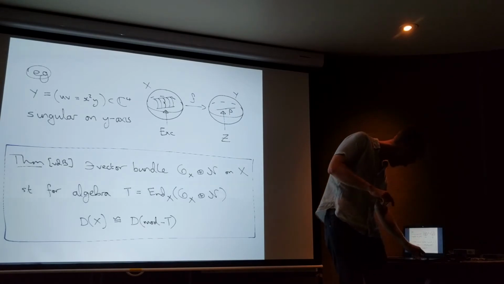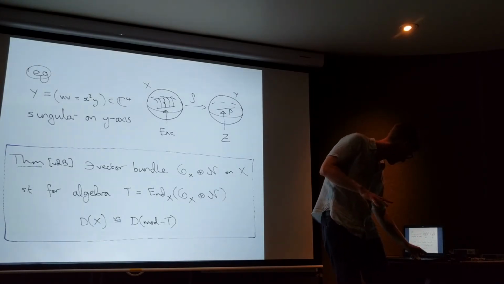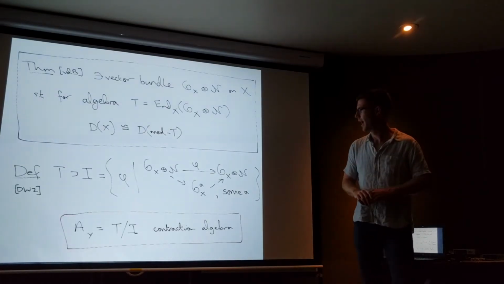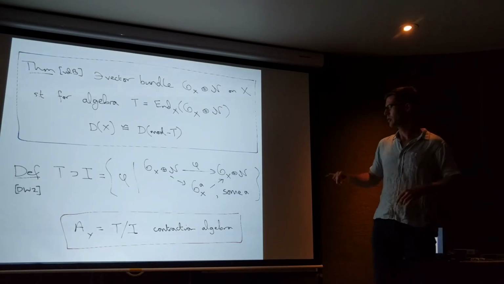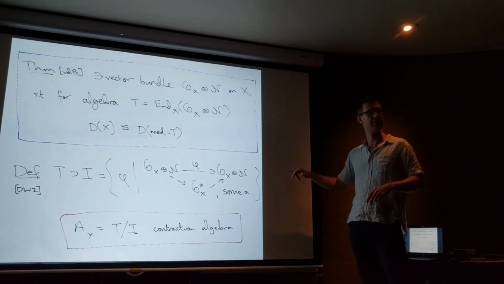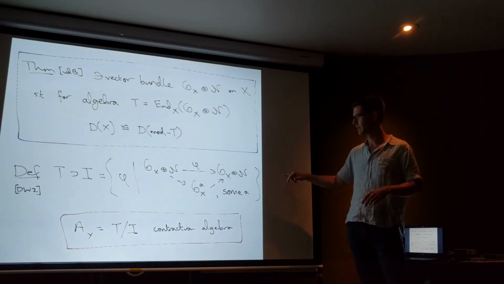and A is a quotient of its endomorphism algebra. So I take the two-sided ideal generated by these particular endomorphisms.